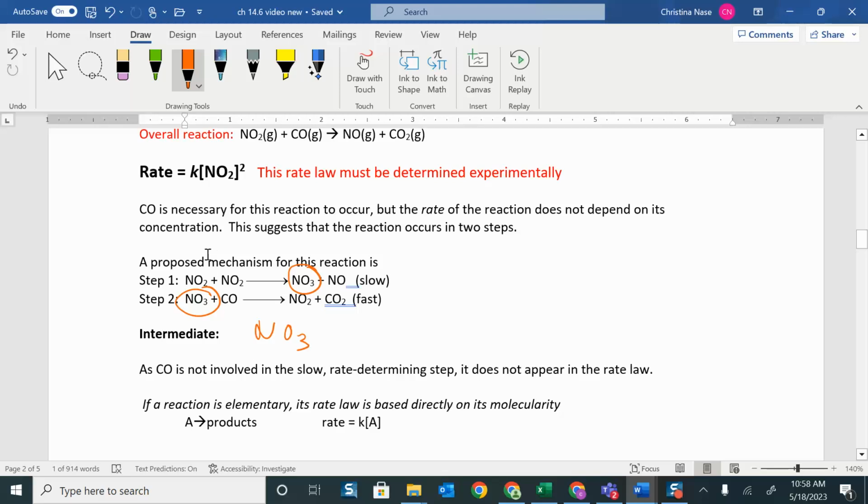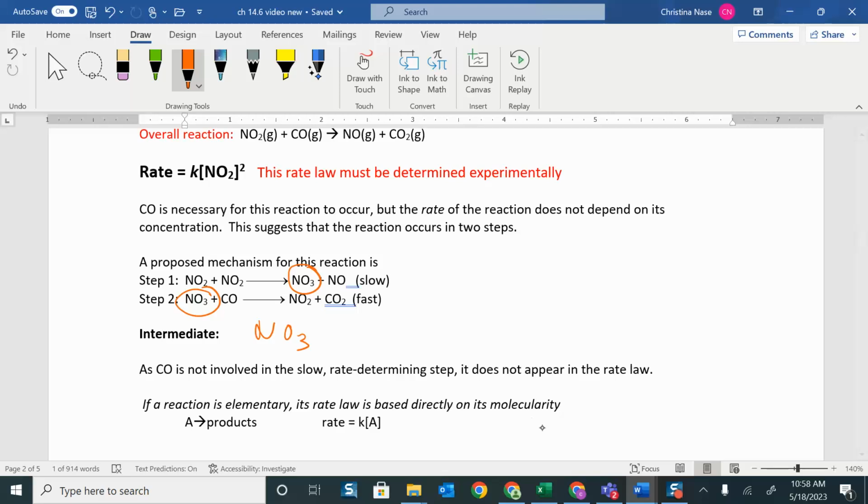And so can we predict what the rate law would be for these elementary steps just based on the stoichiometry? We can do that. If a reaction is elementary, so if this is a hypothetical explanation for how the overall reaction is happening, then the rate law is based directly on the molecularity, which is basically the stoichiometry of your reaction.